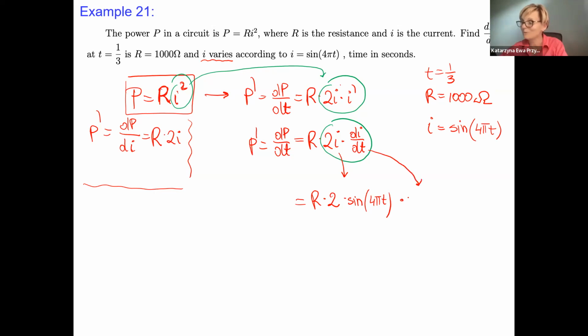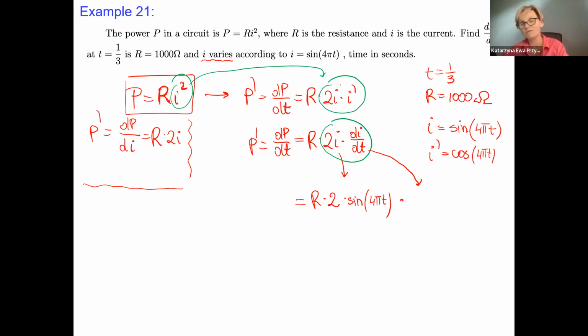And now, this is the main point. What is I prime? What is the derivative of I with respect to t? What's the derivative of the sine function? We learned today: cosine of the same inner function.